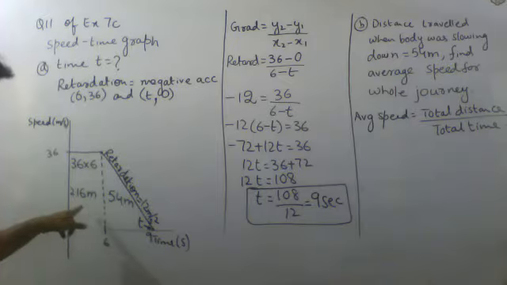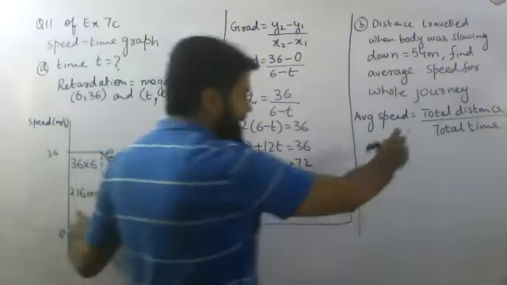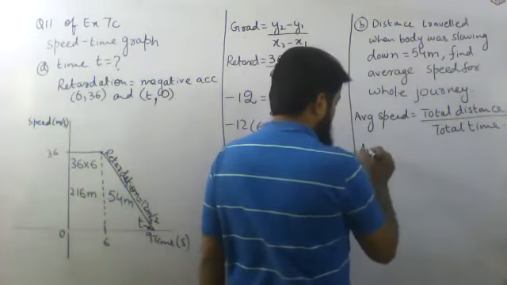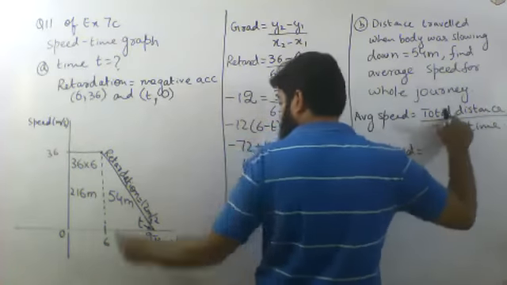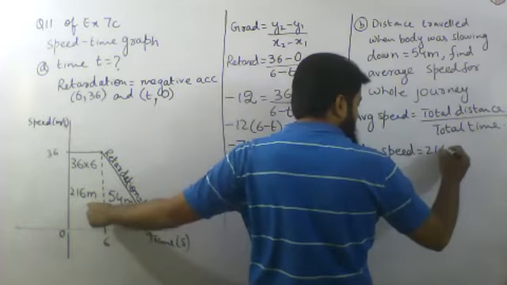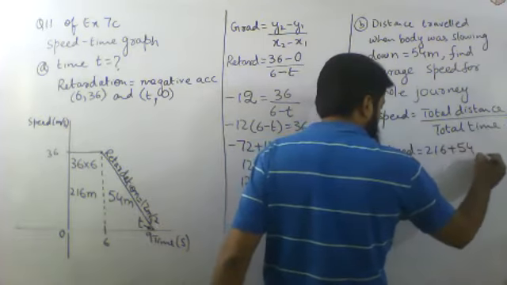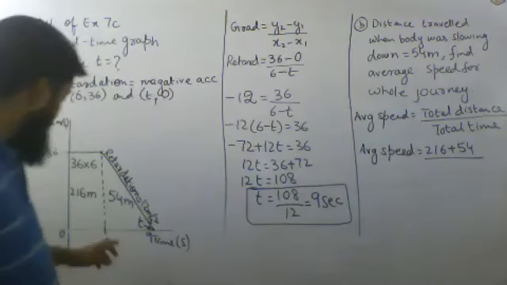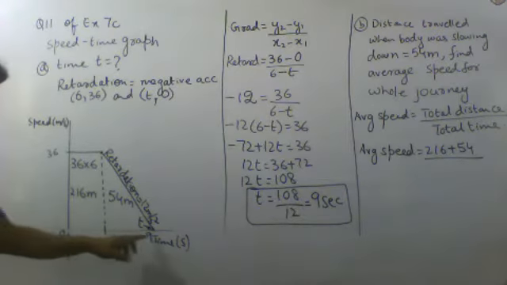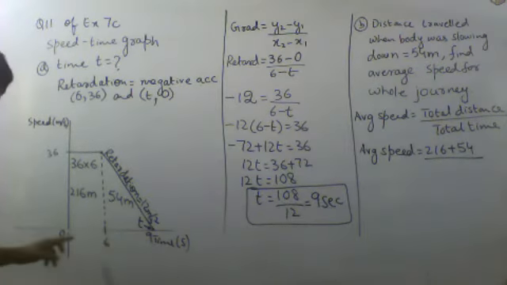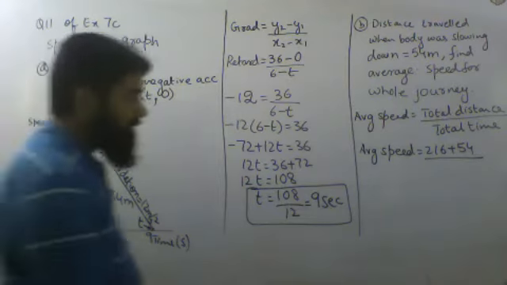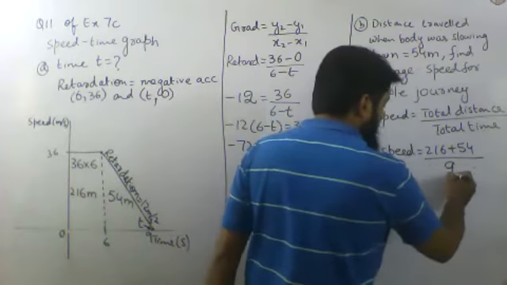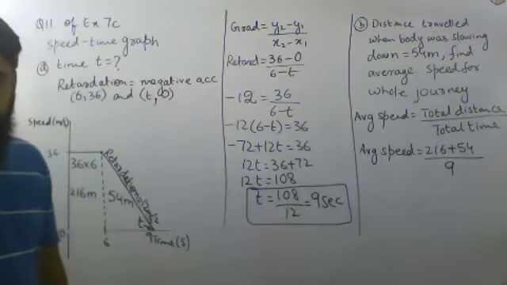Now I have to find the average speed. Average speed is total distance, which is 216 plus 54, divided by total time. How much time is being taken from this point till the ending? This point was coming 9, so the total time I am going to take over here will be 9.